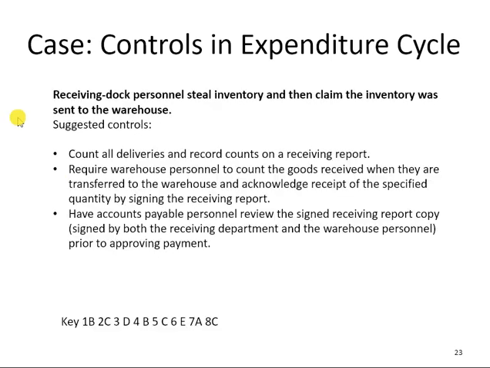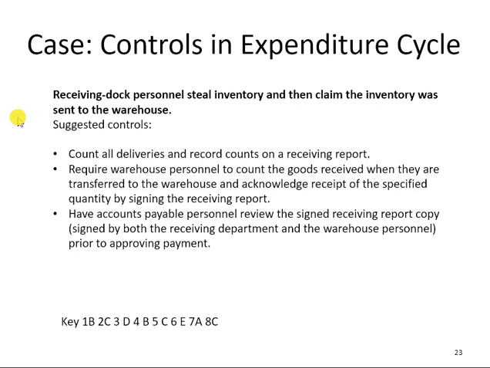Another scenario: receiving dock personnel steal inventory and then claim that inventory was sent to the warehouse. If that happens, then we're going to have shortages in our inventory, right? So what are the controls? We're going to count all deliveries and record the counts on the receiving report.